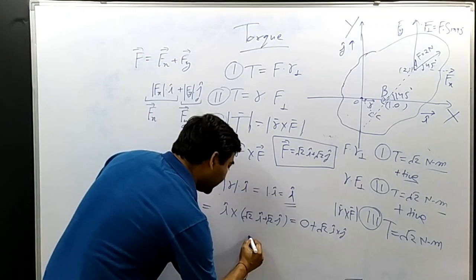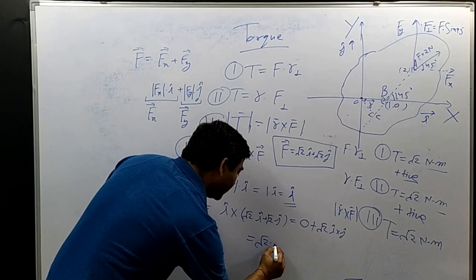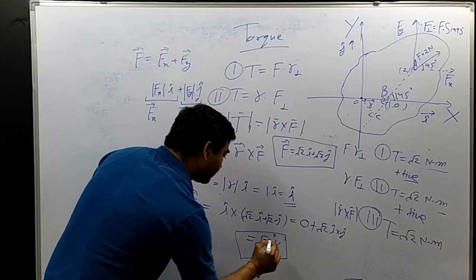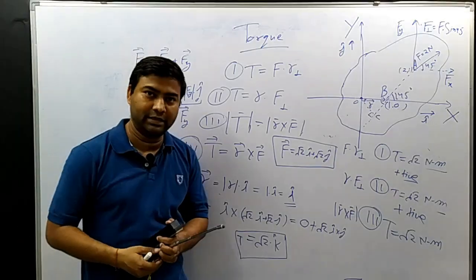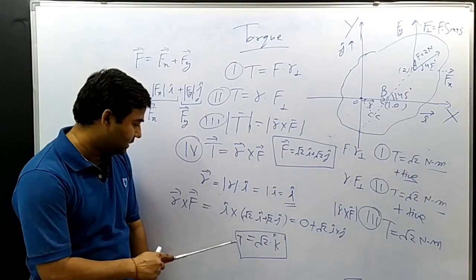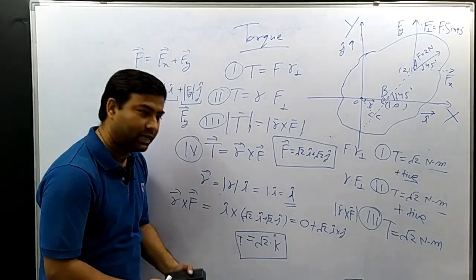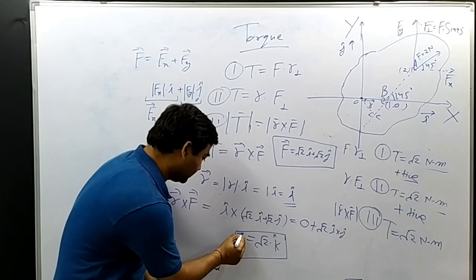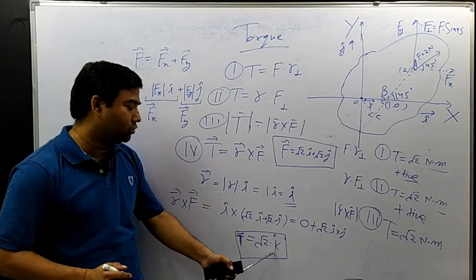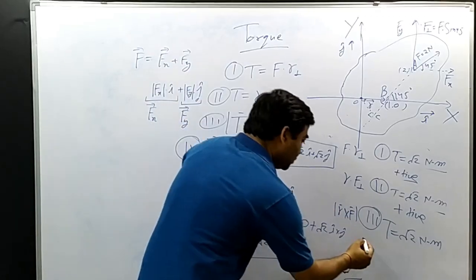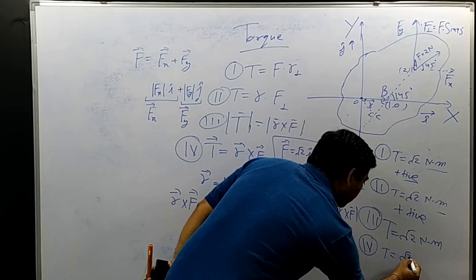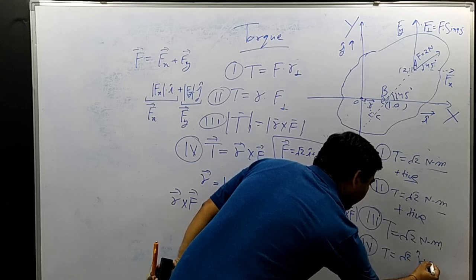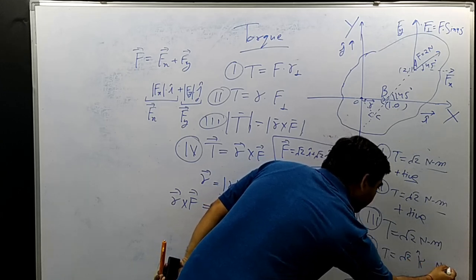We have earlier discussed in the vector chapter, i cross j is k. So torque in terms of ijk right-handed vector system is under root 2 k. So by this method also, torque is equal to under root 2 k newton meter.